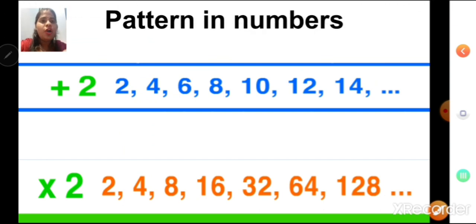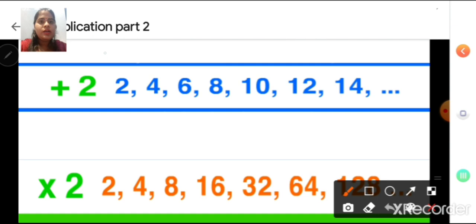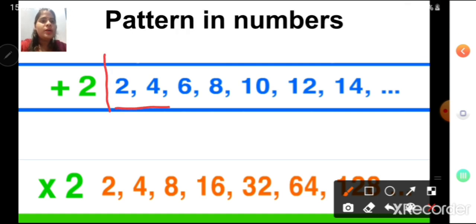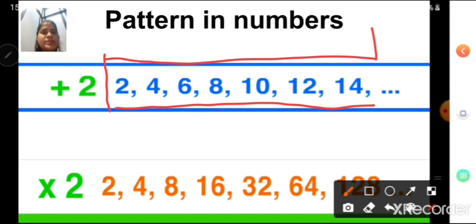Children, now observe these numbers, from number 2: 2, 4, 6, 8, 10, 12, 14. Now these are not random numbers. If you observe carefully, you can see a pattern in the numbers. What pattern are we observing here?